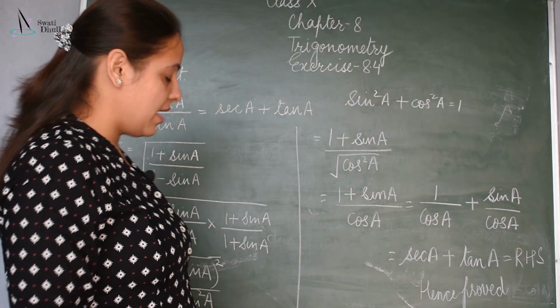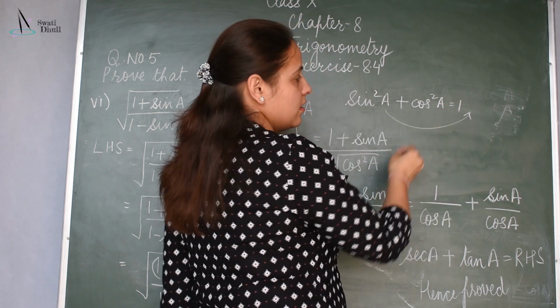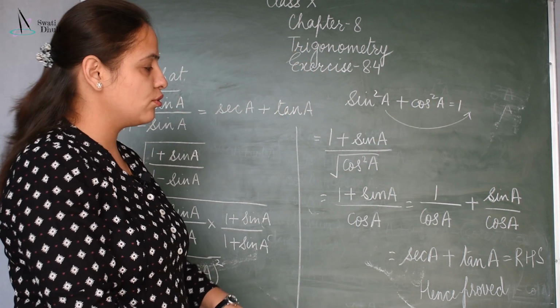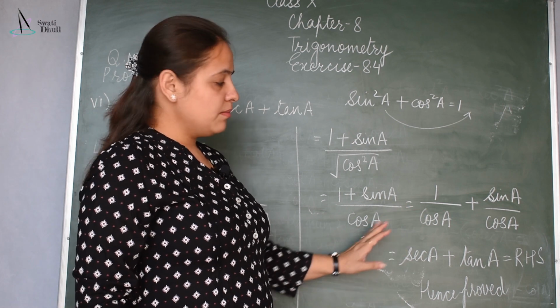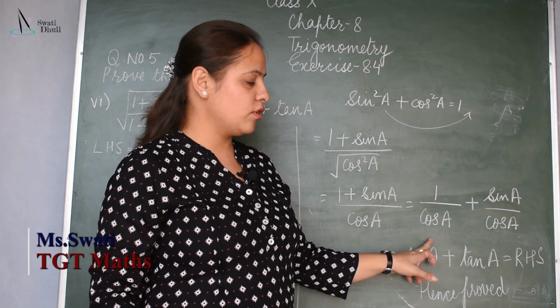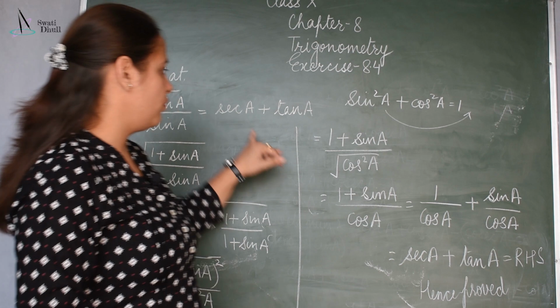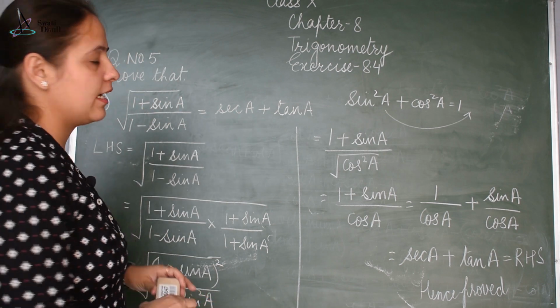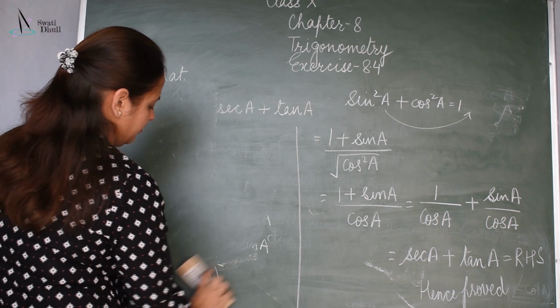So I need 1 minus sin square A; when the 1 goes to the other side, it will be minus. So you will get cos square A under root. So this will be cancelled out, and I will segregate these terms: 1 upon cos A plus sin A upon cos A. So 1 upon cos A is secant A and sin A upon cos A is tan A. So that is your right hand side. Now let's proceed to the 7th part.